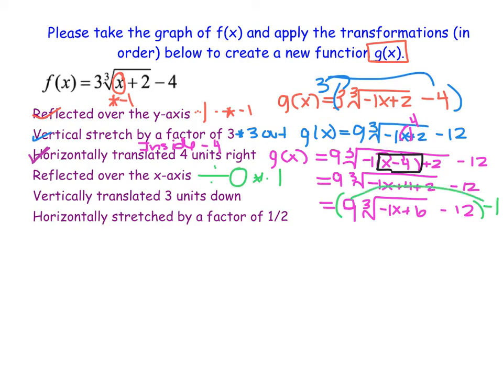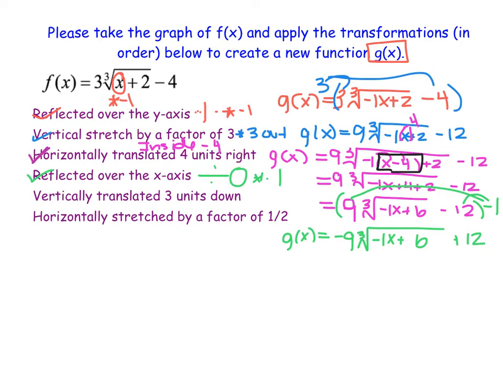That means that the 9 gets multiplied by -1 as well as this 12 with the negative in front of it. So our new function here is now -9 cube root of the -1x plus 6 is all safely inside of those parentheses, and then a plus 12 on the outside. So we've taken care of that one.